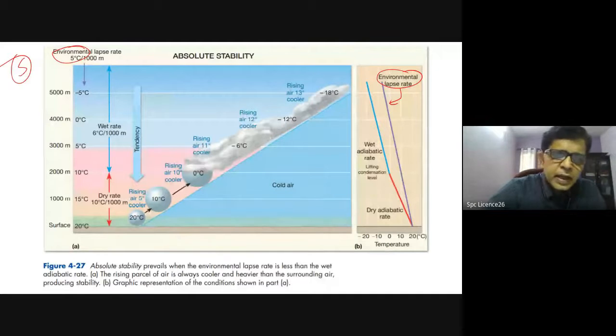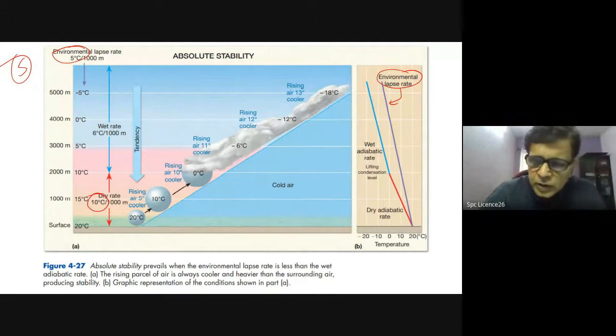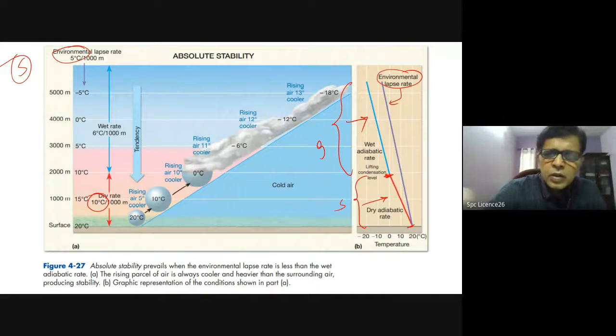The rising air parcel divides into two. In the earlier part, the rate is faster, so you'll see it is steep till here. From here to here, it is steep. This part is steeper, and then this part is gentle. However steep or gentle, this curve of that air mass always stays to the left.